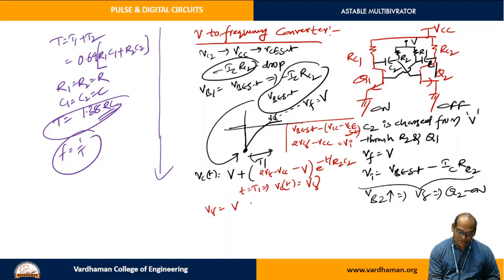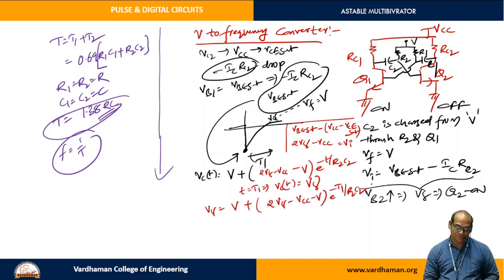So V gamma is equal to V plus 2 times V gamma minus VCC minus V, e power minus T1 by R2C2. If you neglect V gamma in comparison with the other voltages, then minus V is equal to minus of VCC plus V, e power minus T1 by R2C2. So this minus will be cancelled.